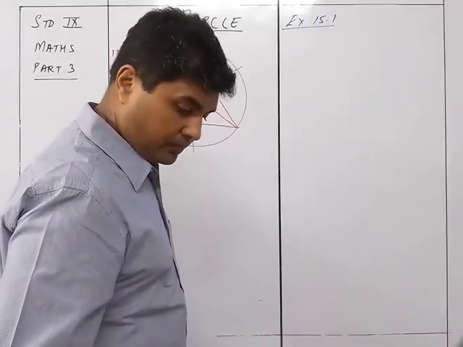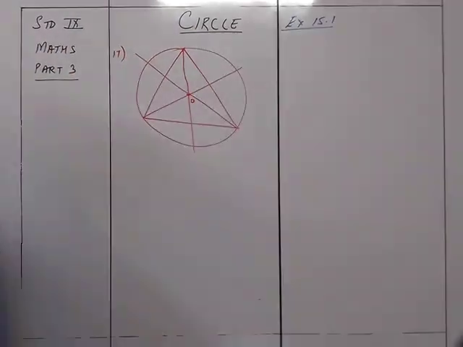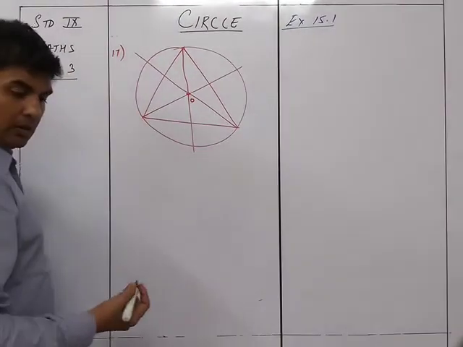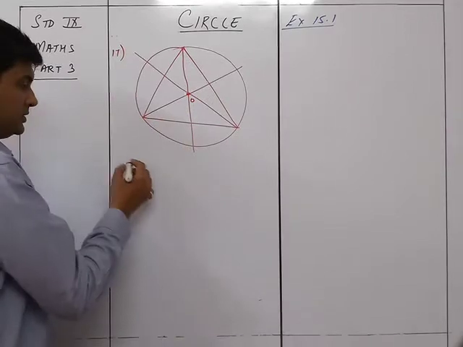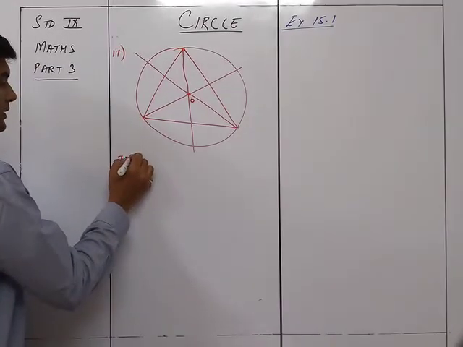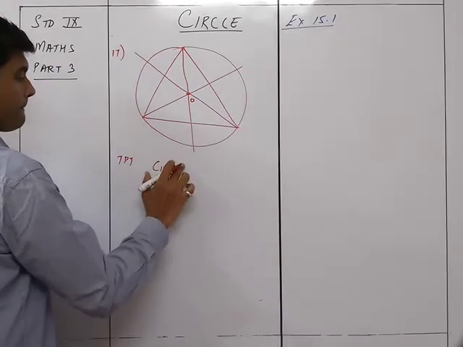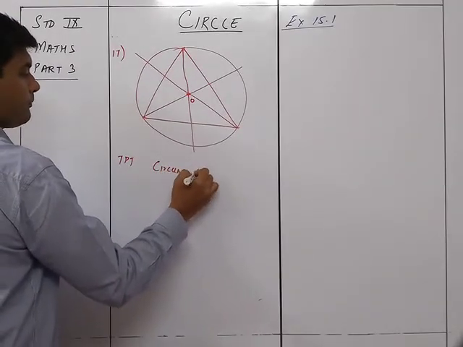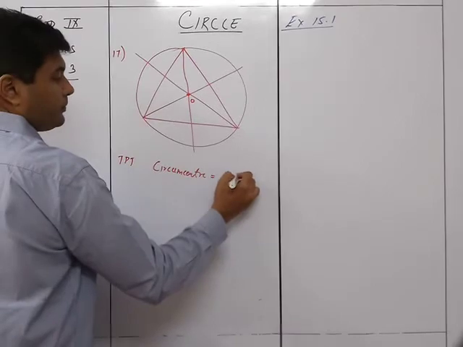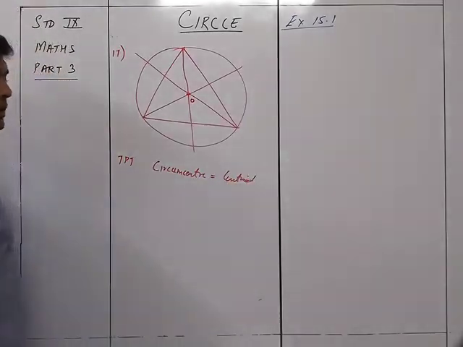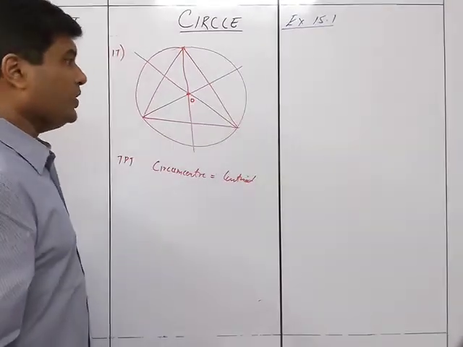So we need to prove that the circumcenter is equal to the centroid. Now, what we can do is very simple.